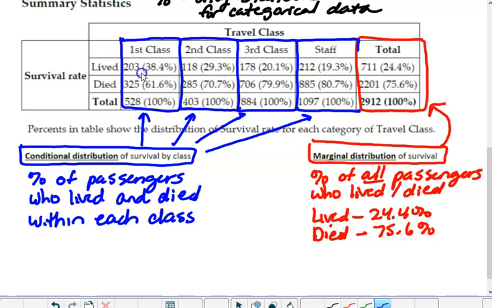The second class was a little lower than the first class. So if you were a first class passenger, you were much more likely to survive the sinking of the Titanic than if you were in second or third, or especially third class or staff. So in our next video we're going to look at how we can display this data graphically.